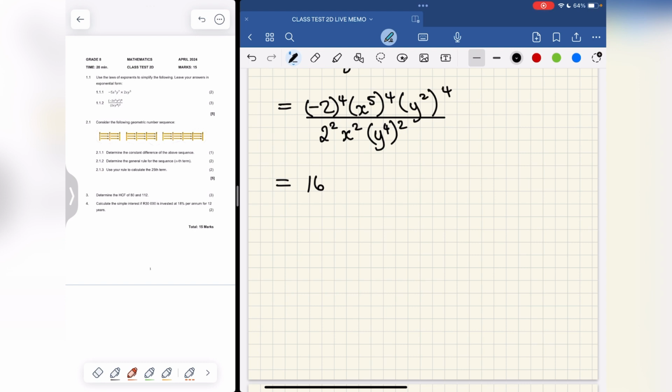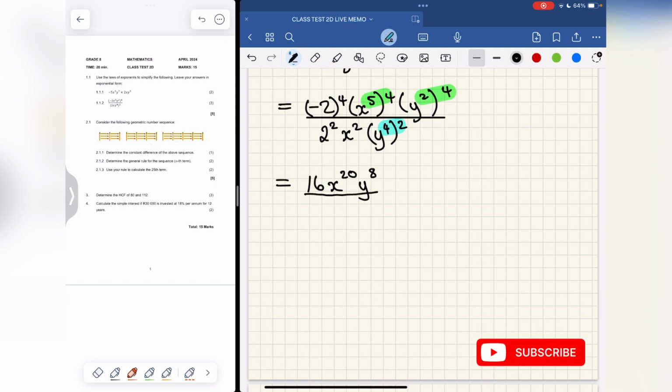Then x to the power 5 raised to the power 4. We are going to multiply these exponents here. We're going to multiply those exponents there, and here we're going to multiply there as well in the bottom. So that is x 5 times 4, which is 20, and then we've got y 2 times 4, which is 8.